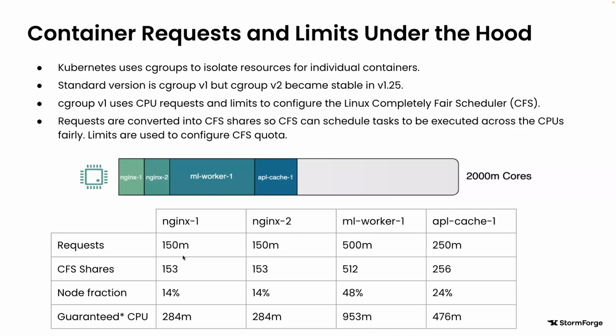Sorry, what's the relationship? You take the requests, divide it by 1,000, and multiply it by 1,024. Is that at the network level? No, it's done inside the kubelet.